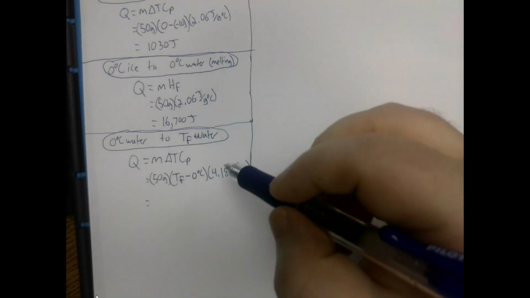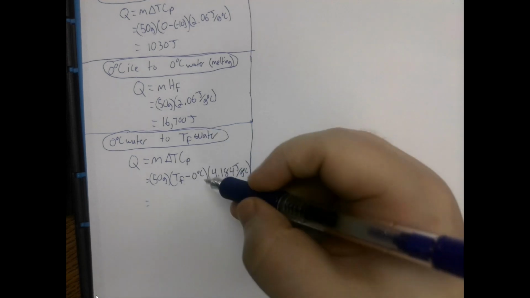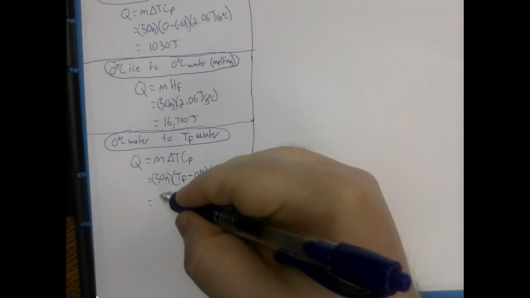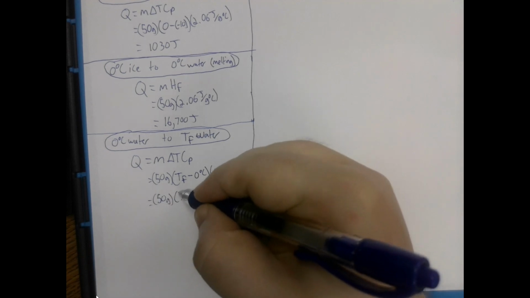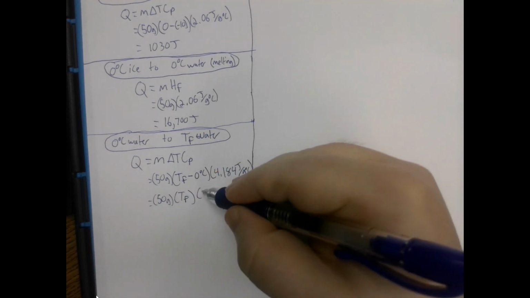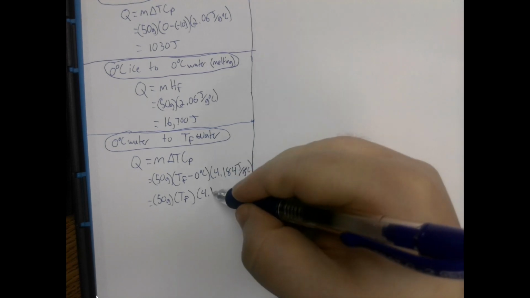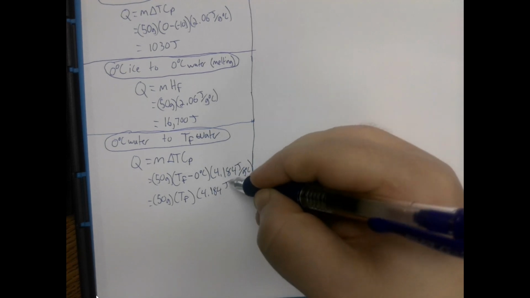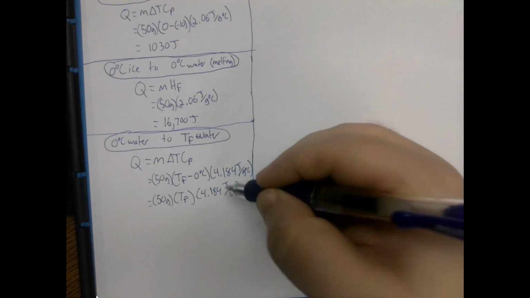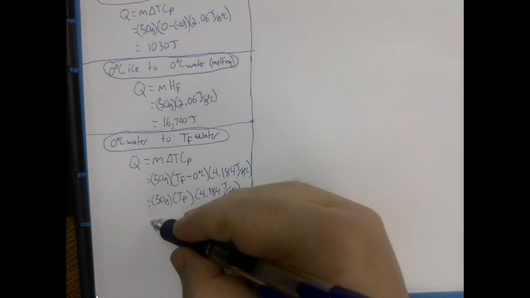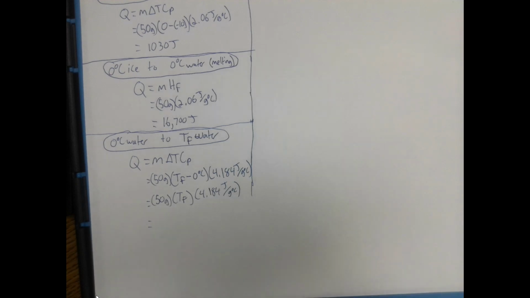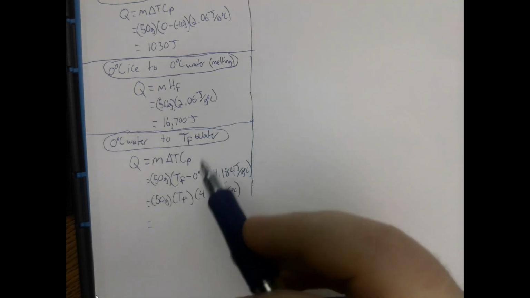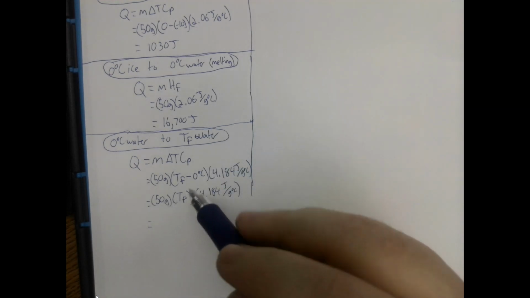We can simplify this. Anything minus 0 is itself. So 50 grams times TF times 4.184 joules per gram degree Celsius. These are all being multiplied together, which means we can multiply in any order.